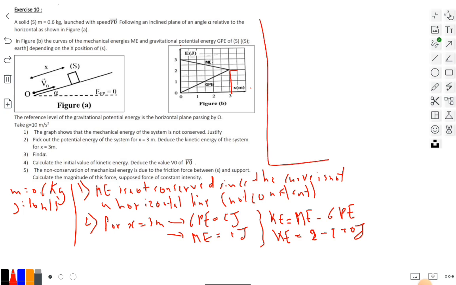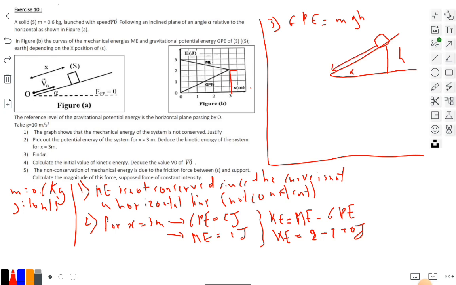Part 3. Find alpha. We have GPE equal mgh. This is alpha and this is the object. This is h and this is the abscissa x. Apply sine alpha equals opposite side over hypotenuse. The opposite side of alpha is h, so sine alpha equals h over the hypotenuse x, so h equals x sine alpha.